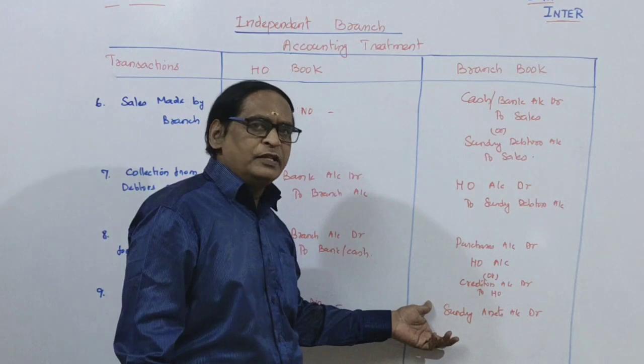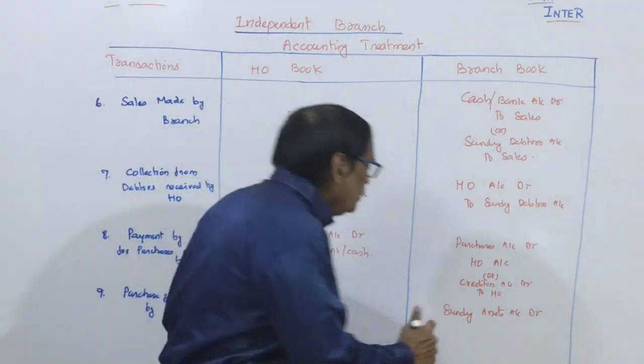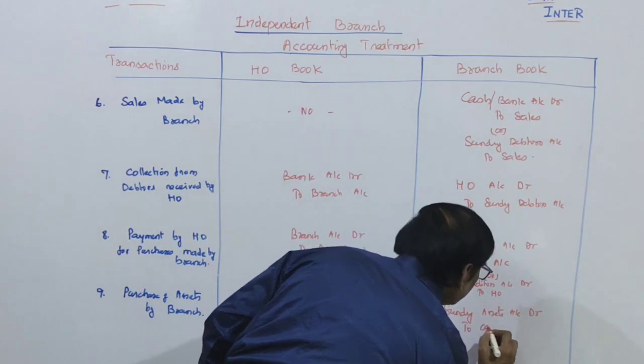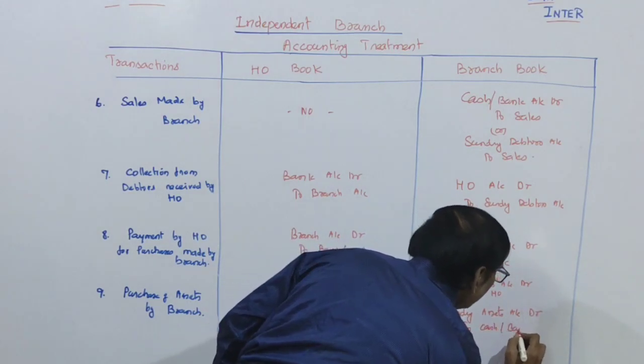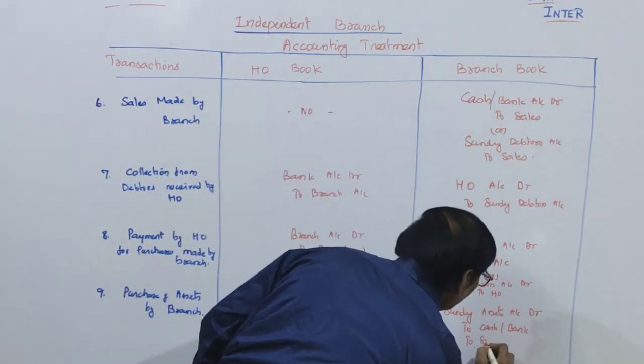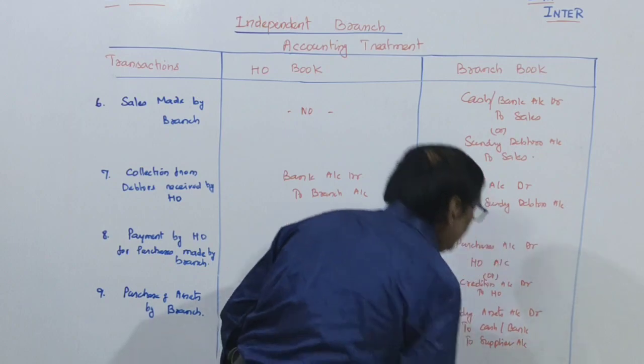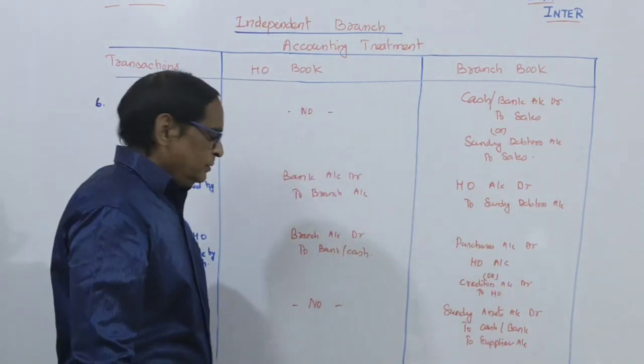If it is furniture, furniture account should be debited. So sundry assets account debit to, if it is a cash payment, cash account or bank. If it is a credit payment, to supplier account.